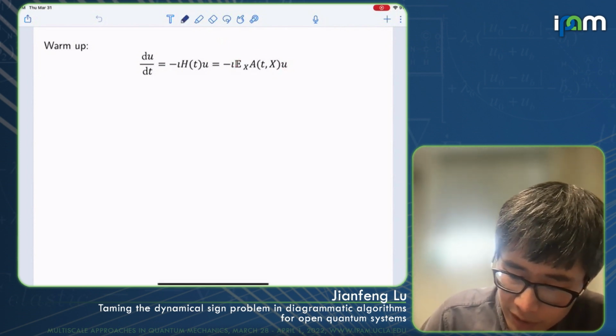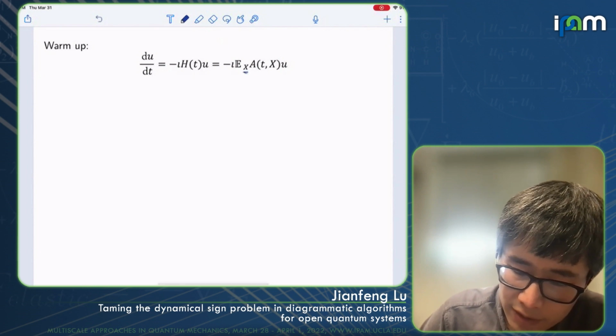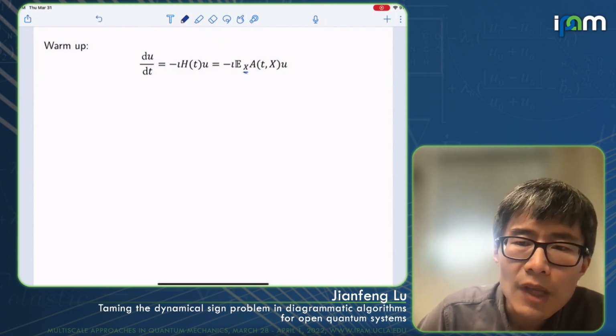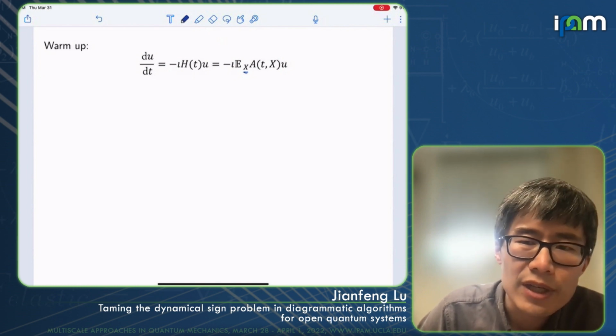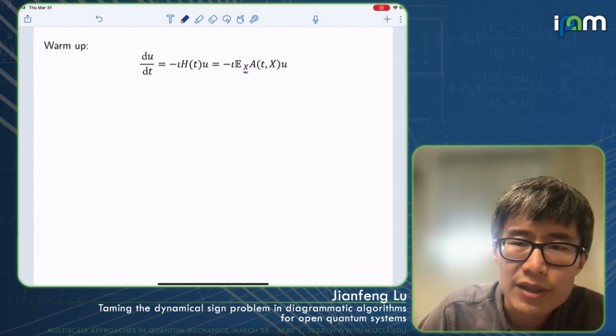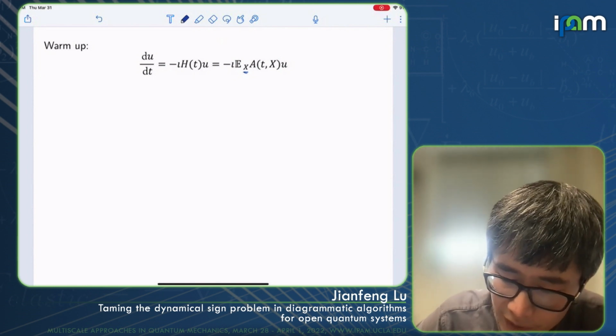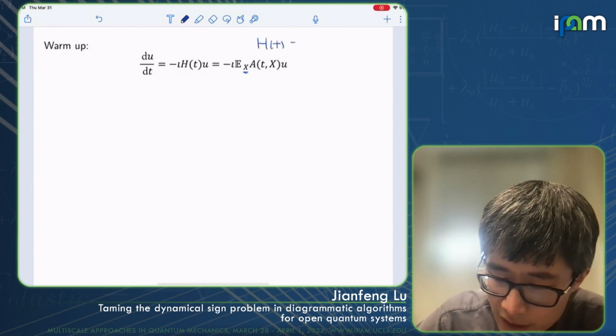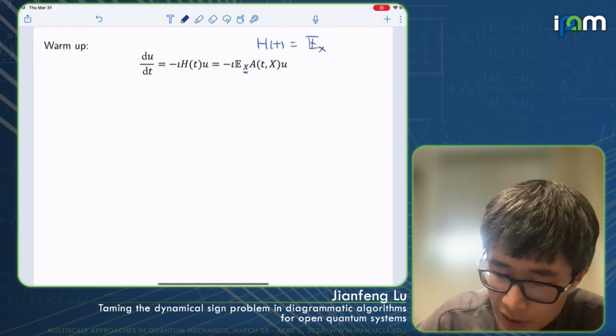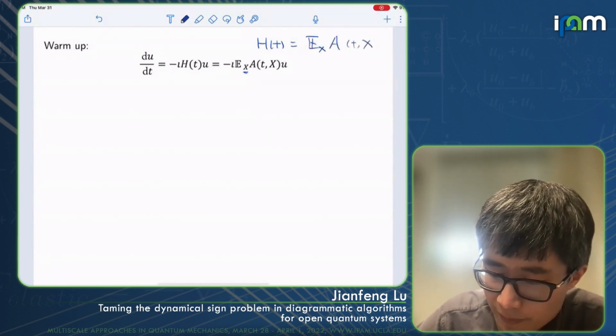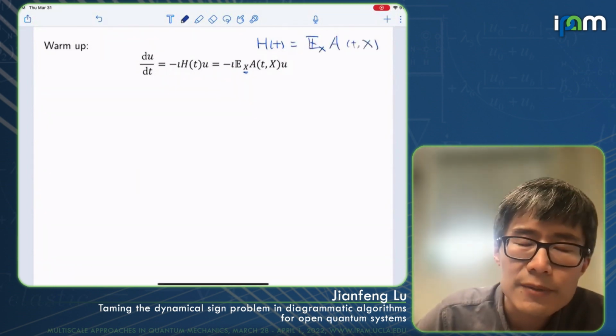Here and below, my random variable is X. I'm using this capital letter X to denote some randomness. It could come from many different sources, but for now it's not that important. This is a definition so that at any time t, I can view my Hamiltonian operator as an expectation of something, as an average of some random variables.